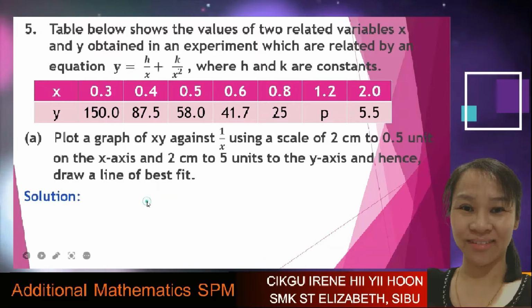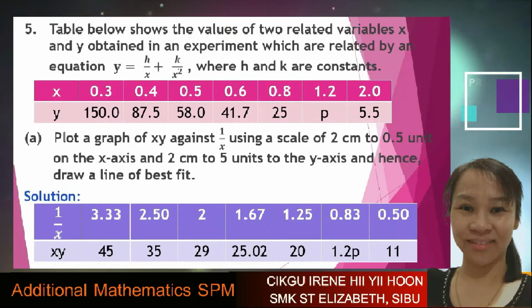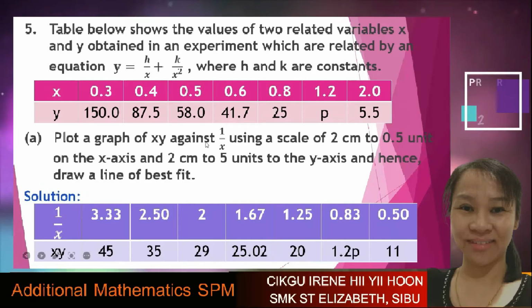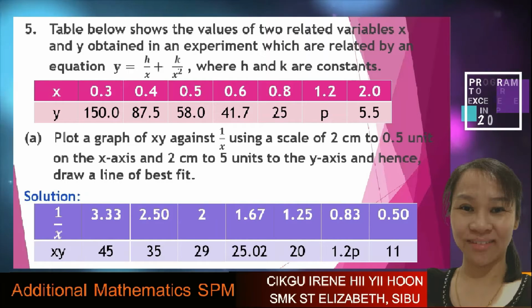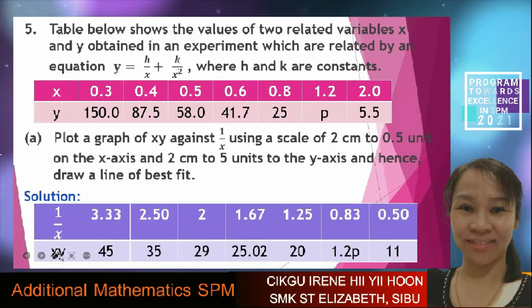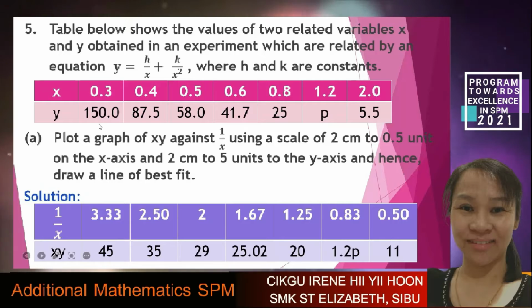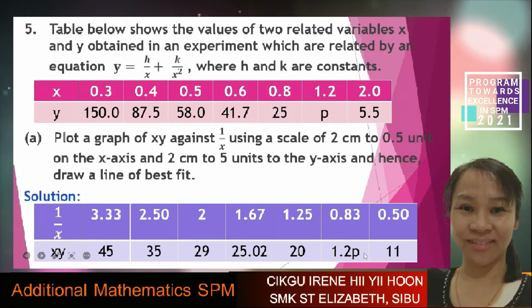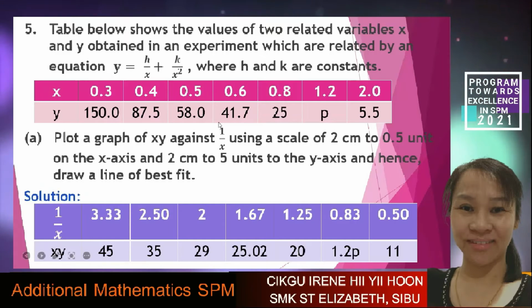As usual, we still have to build the table before we draw the graph. So a table which contains 1 over x and xy is built based on the values provided.